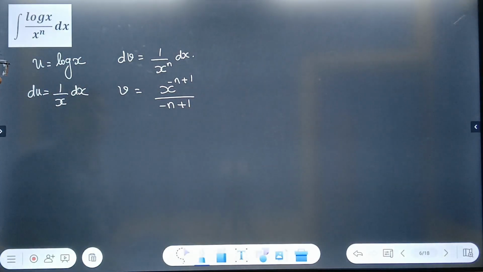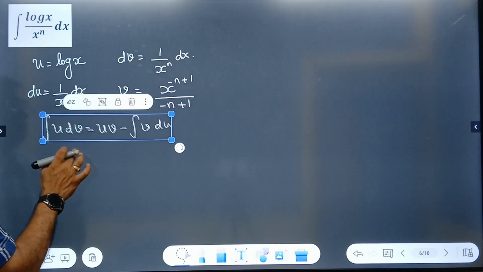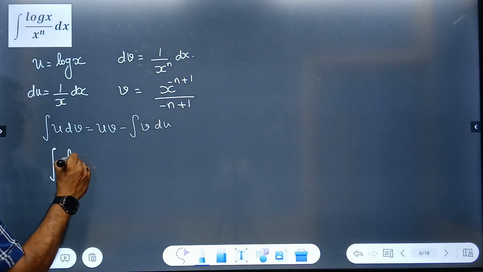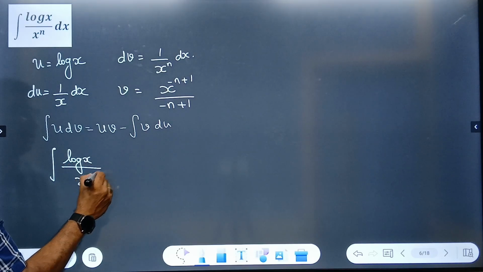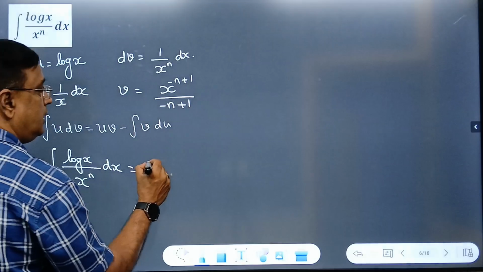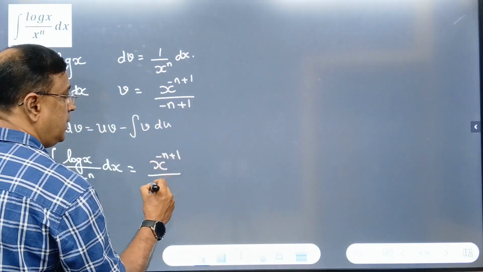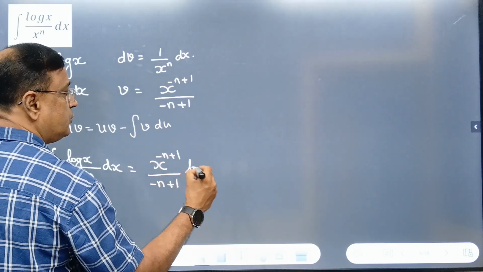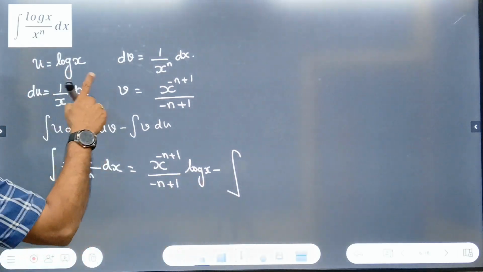Okay, now integration by parts. So this is the formula. So what is integration by parts? Integral log x by x power n dx is uv. What is uv? X power minus n plus 1 by minus n plus 1, into log x, uv minus integral v du.